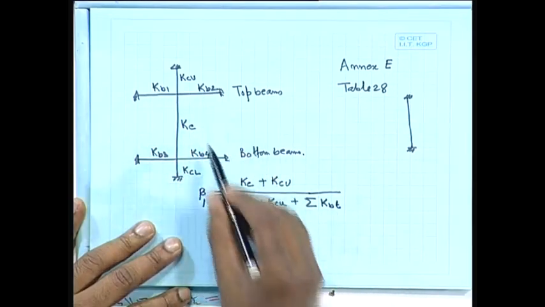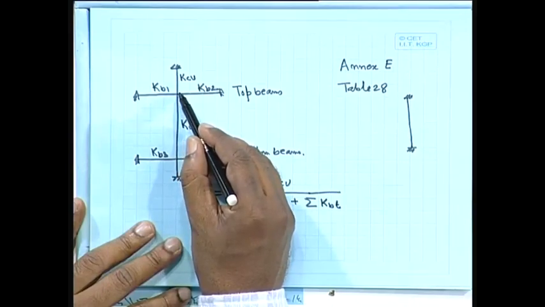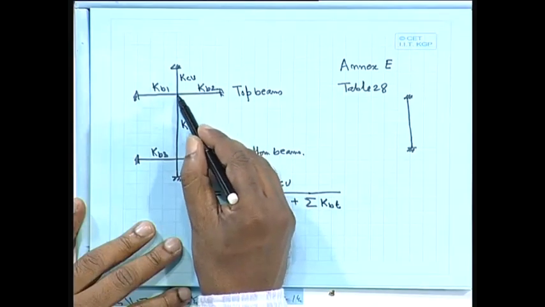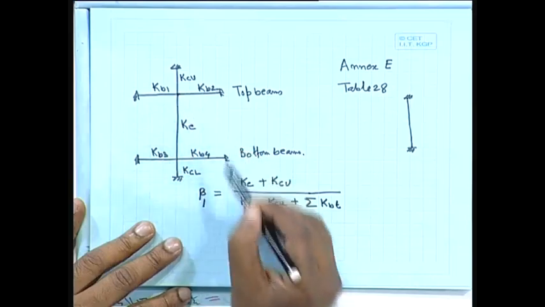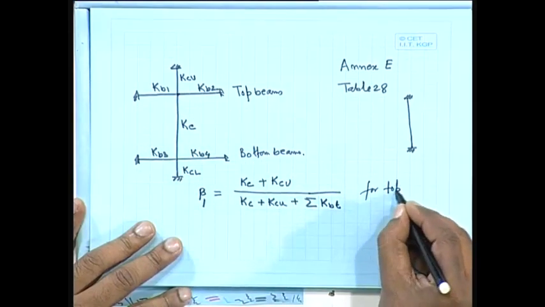That gives one parameter, the relative stiffness, which we call beta 1 for the top joint.